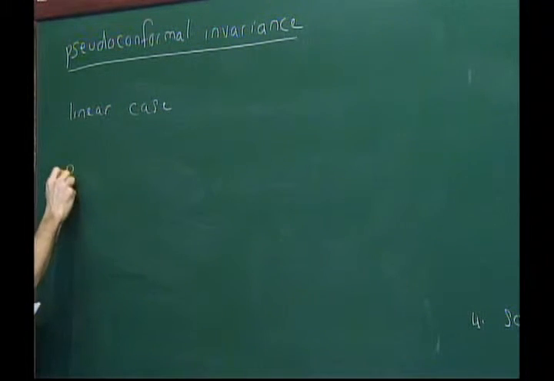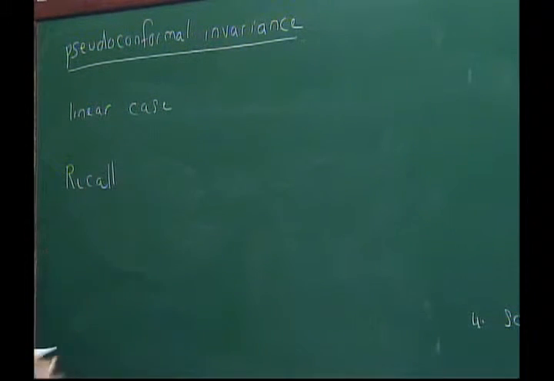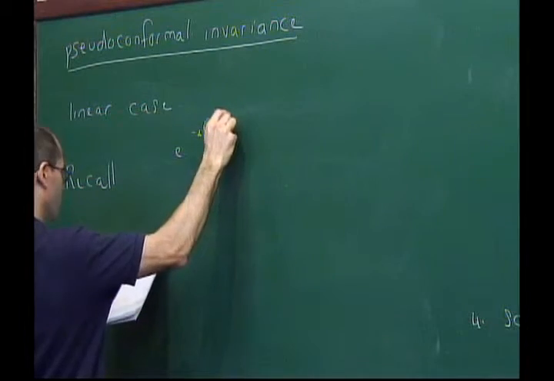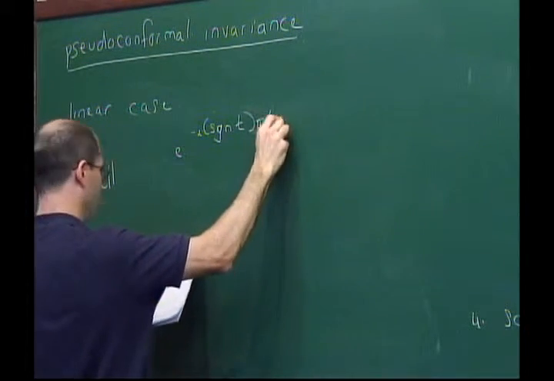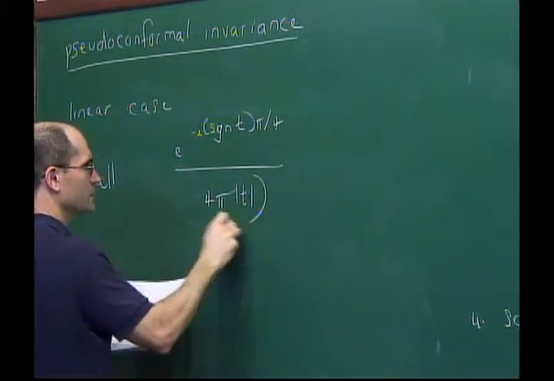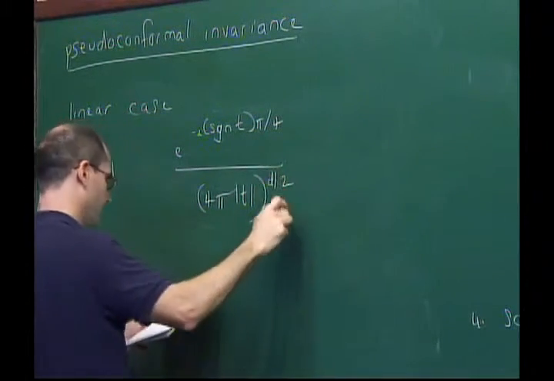And you start by recalling that the Fourier transform of the complex Gaussian is a complex Gaussian. So you have this formula, e to the i signum t pi over 4 over 4 pi t to the d over 2.